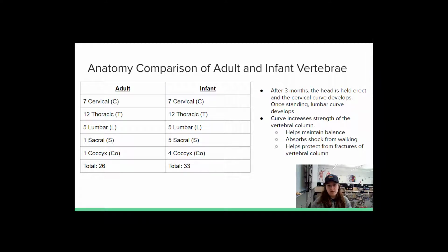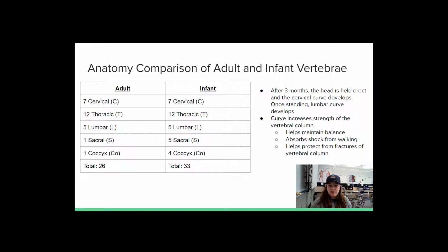So adults have 1 sacral bone and 1 coccyx for a total of 26 bones in the vertebral column, whereas infants have 5 sacral bones and 4 coccyx bones, which adds up to 33 bones in their vertebral column. And the reasoning for this is because the bones eventually will fuse in the sacrum and coccyx into 1 megabone, but in infants it is not fused that way.